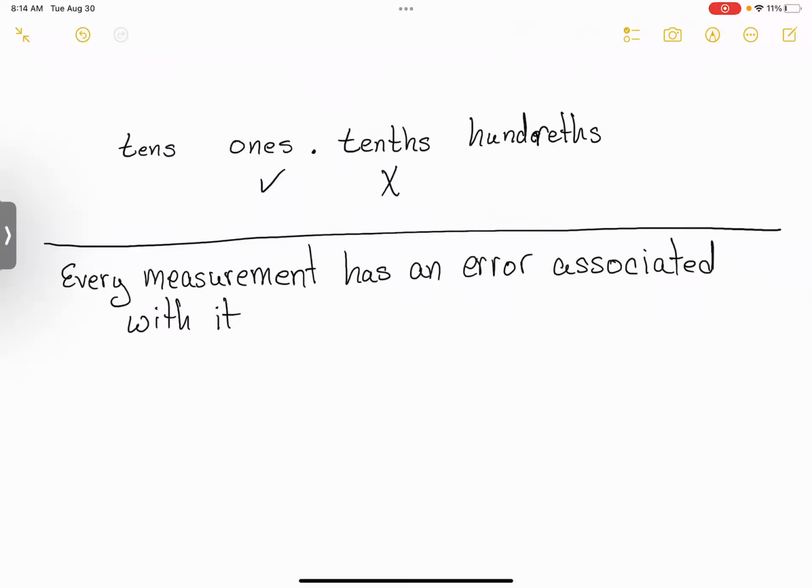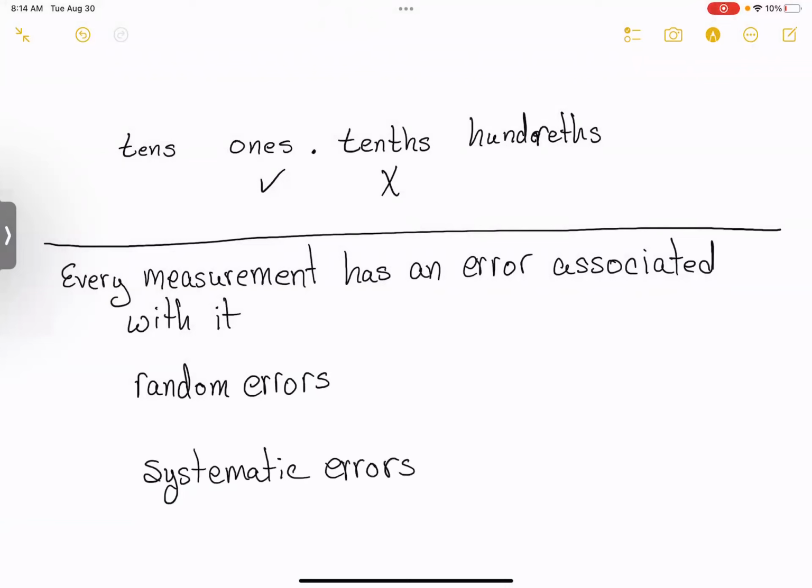These errors can be described as random errors, or they can be described as systematic errors. What it boils down to is, do you have any type of control? Can you alter anything in order to alleviate the error?